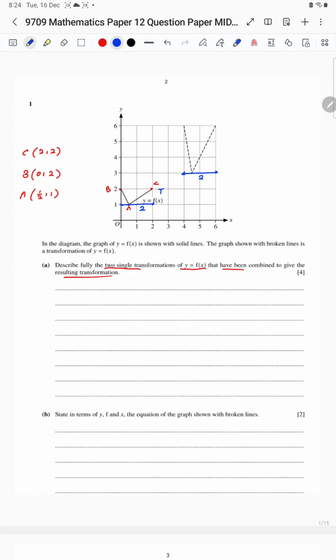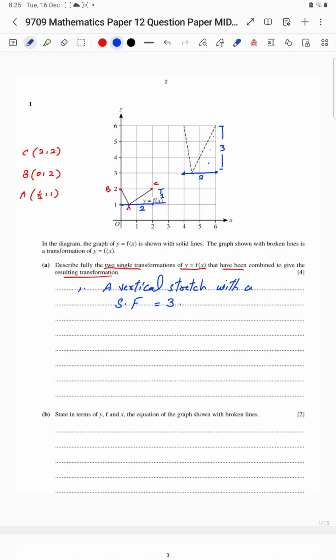Here the height of this original block is one, while the height of the new one is 3, 1, 2, 3 blocks. So this is a vertical stretch. We can say the first transformation is a vertical stretch with a stretch factor equal to 3, right? This has been done.